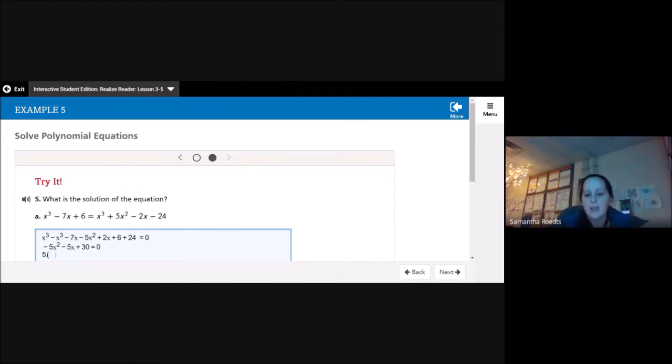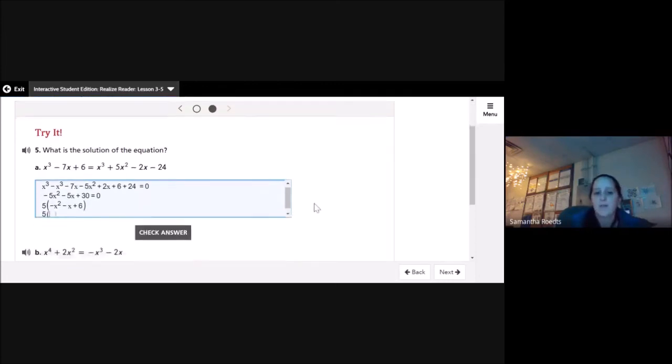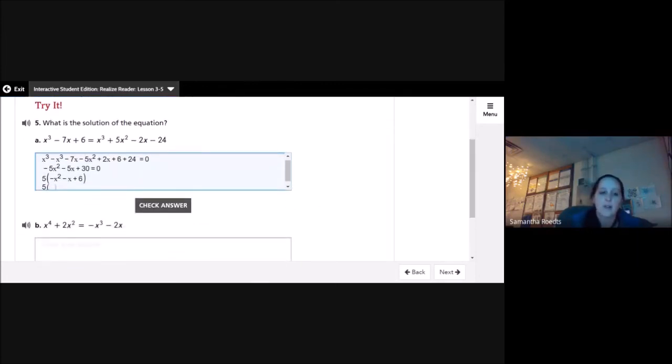So when I do that, I get negative x squared minus x plus 6. I can then factor that from there. So I can actually factor out a negative. Let's do -5. Gives me a positive 6 and a negative 6.